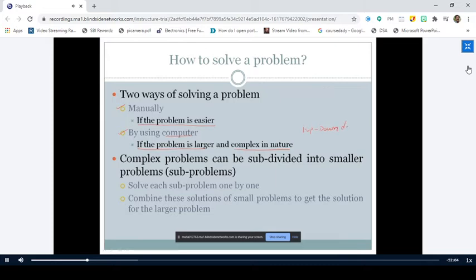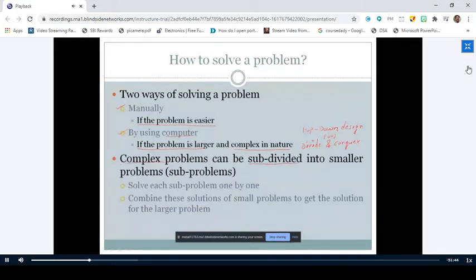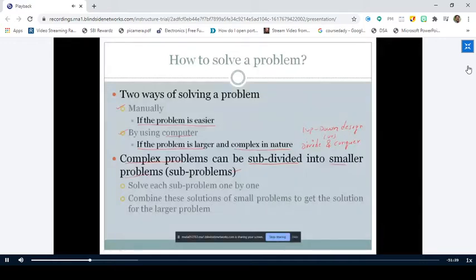So how are these computers going to solve complex problems in an easier manner? They will make use of a strategy called the top-down design approach. Or there is another algorithmic strategy which is called divide and conquer. If we have a large complex problem, it will be divided into smaller problems.